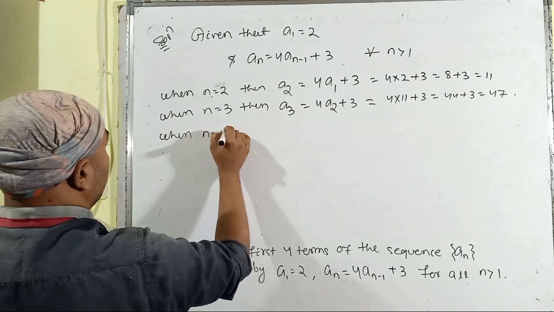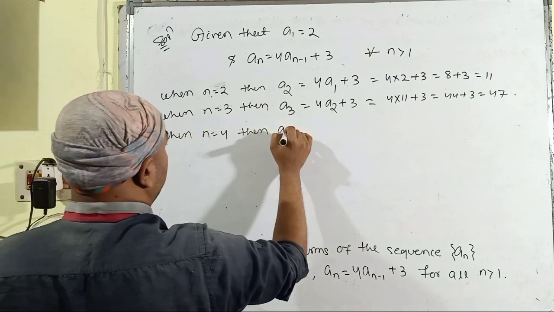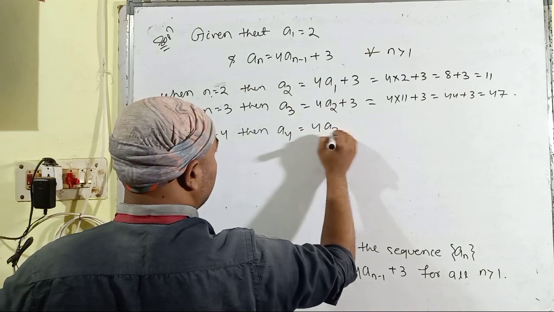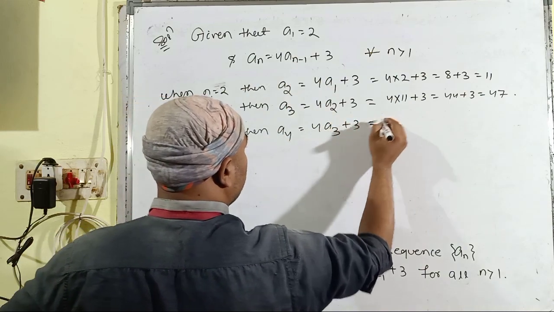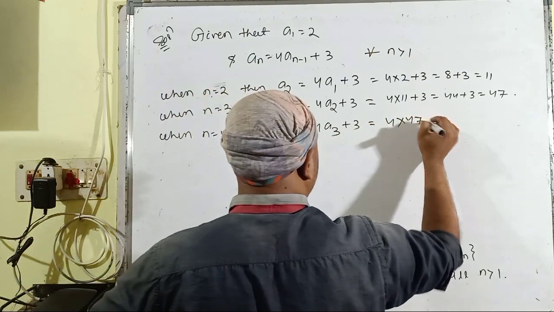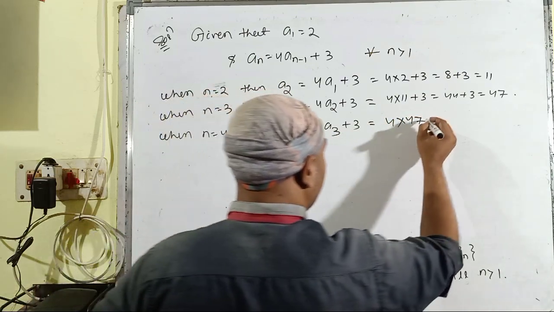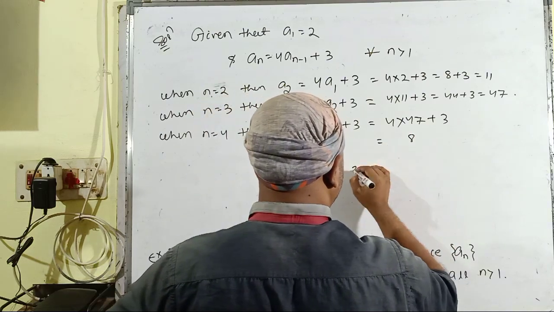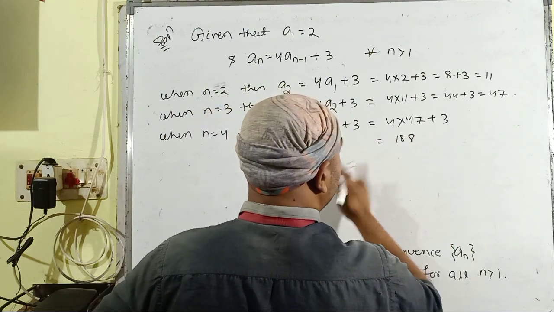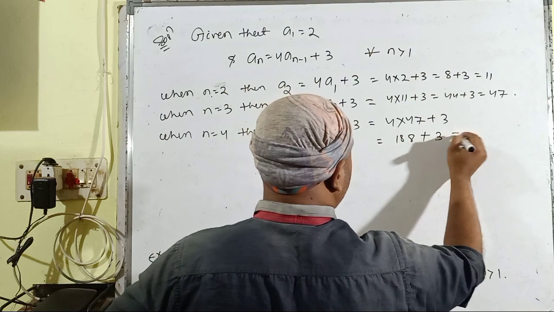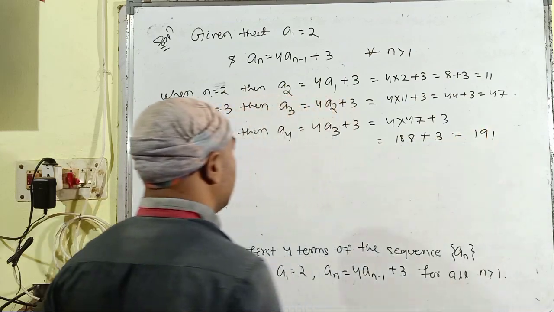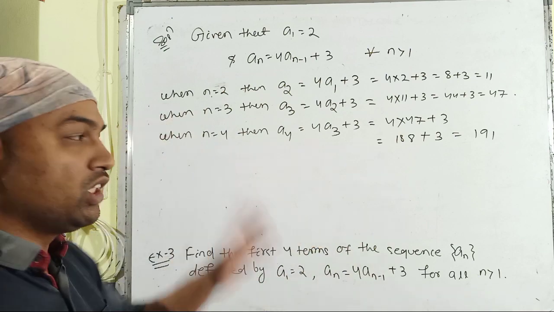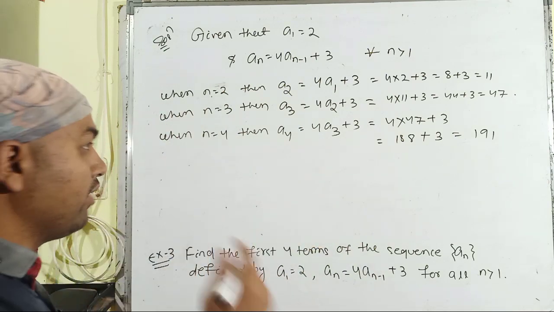When n is equal to 4, then a4 is equal to 4 a(4 minus 1), that means a3, plus 3, then 4 multiplied with 47 plus 3, then solving it, 188 plus 3, and that is 191. And it has been asked to find out the first 4 terms of the sequence, that means a1, a2, a3, a4.